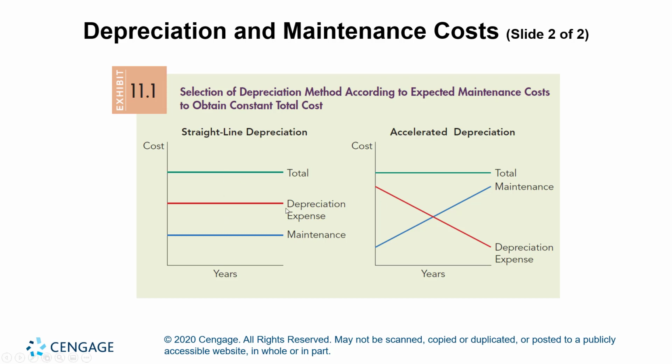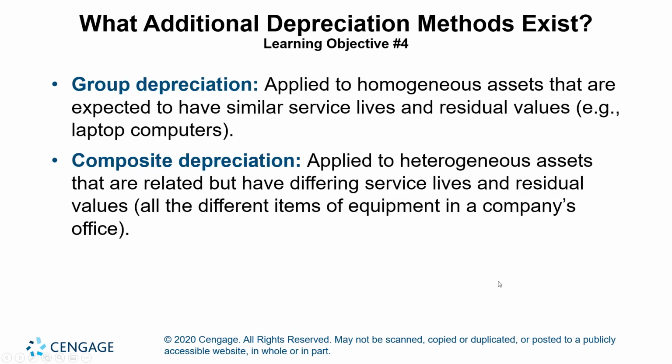Group depreciation is applied to homogeneous assets that are expected to have similar service lives and residual values, for example, laptop computers. Composite depreciation is applied to heterogeneous assets that are related but have differing service lives and residual values, like all the different items of equipment in a company's office.